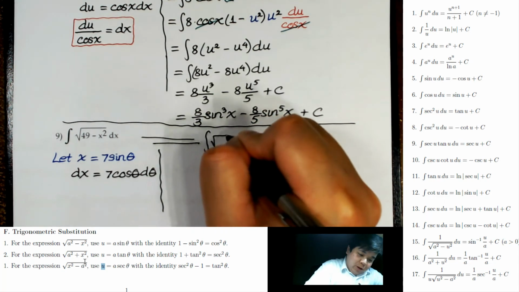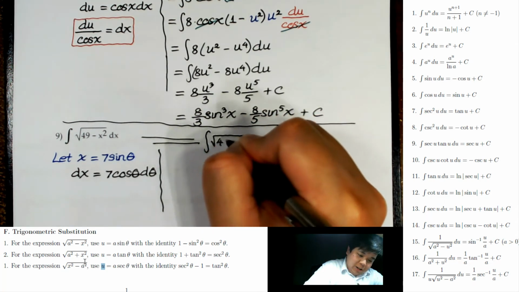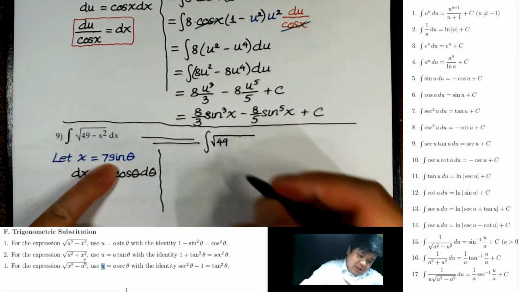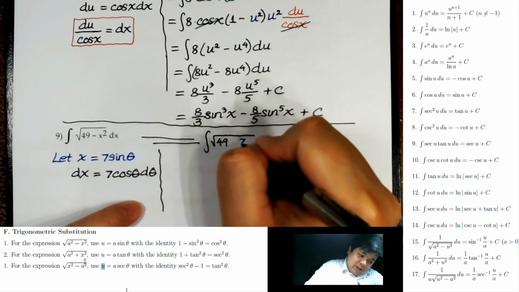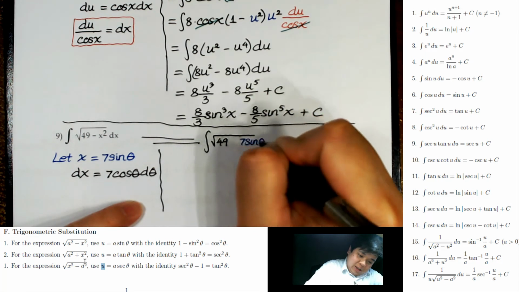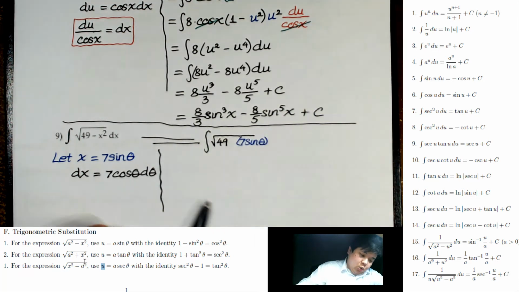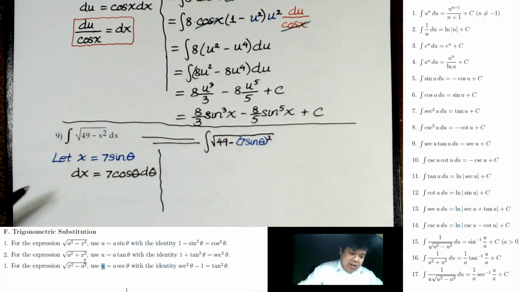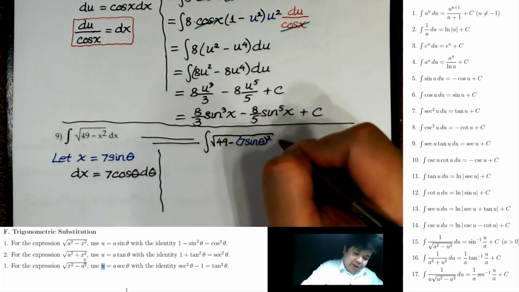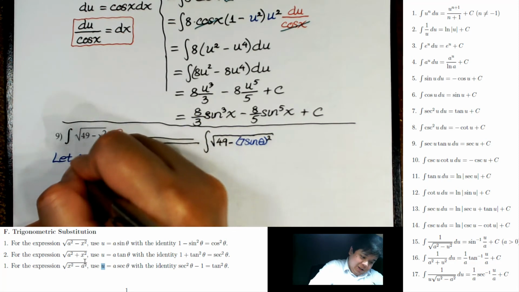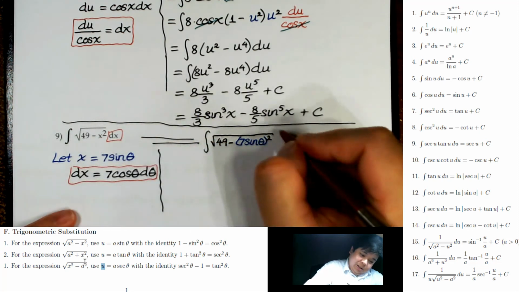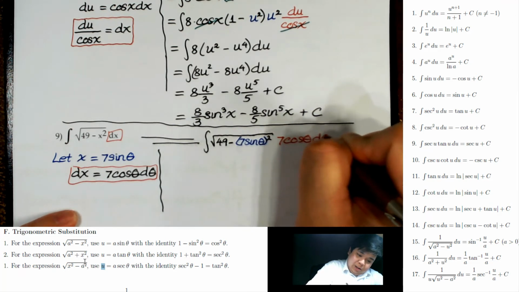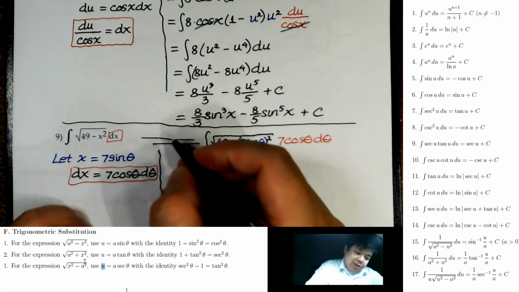Square root of 49 minus x squared is going to be that. So we have 7 sine theta, squared of course. dx is 7 cosine theta d theta.